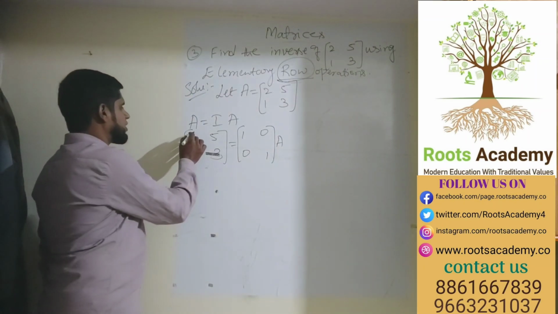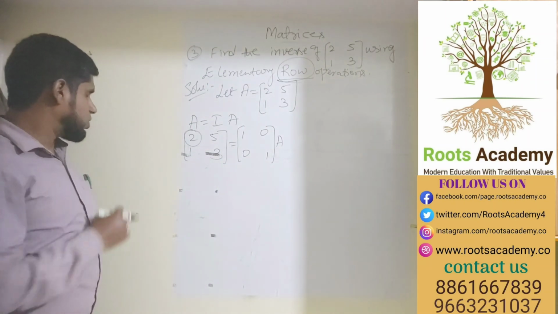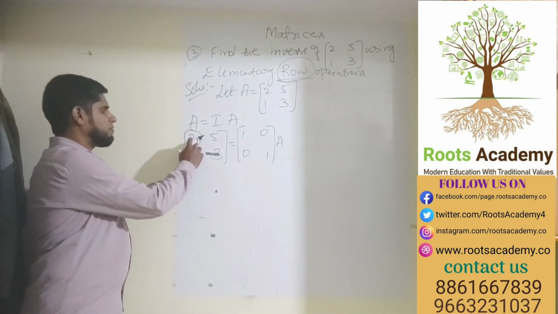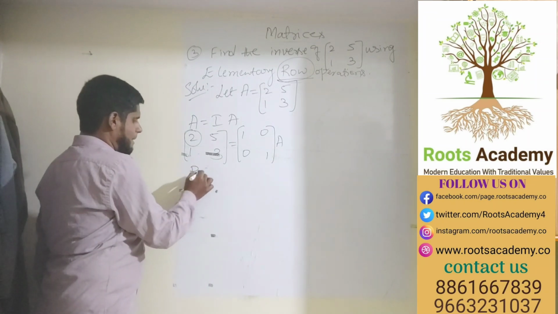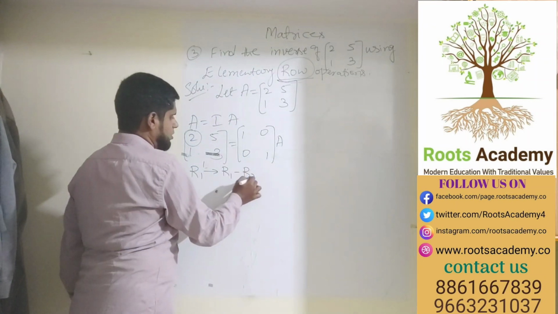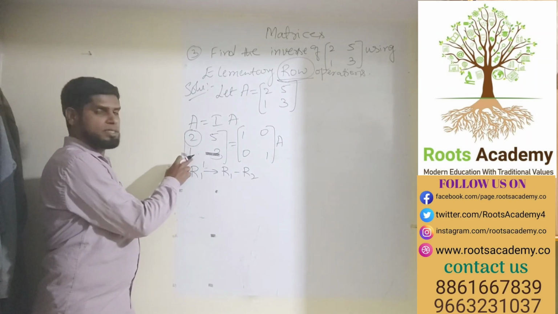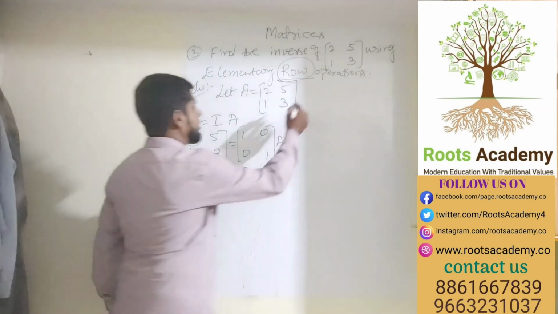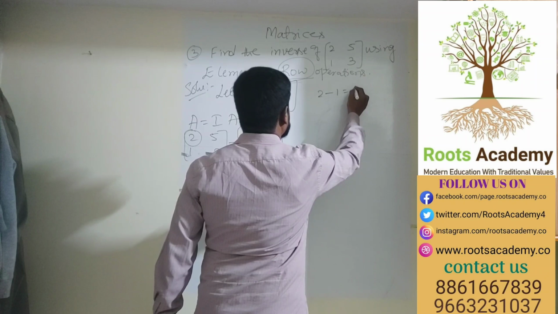So I should start with this first. What is the best method to make this 2 as 1? Again, we will subtract. Since this is in R1, I will write R1 dash changes to R1 minus R2, because I have 2 here and 1 here. So 2 minus 1 is 1. So here R1 is 2 minus R2 is 1, so it is 1.